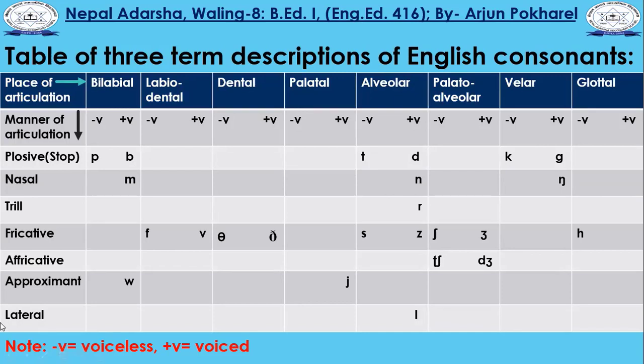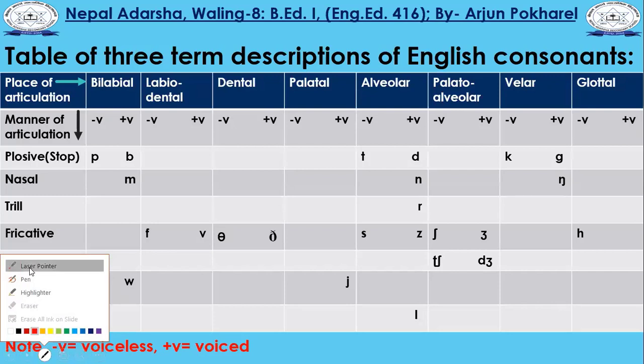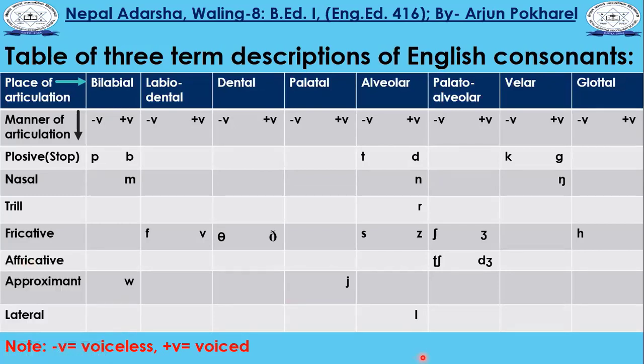In this way we'll do the consonants of English, the three-term description of English. And here in the note I have given that minus voice means voiceless, and plus voice means voiced. In this way you have to make it.